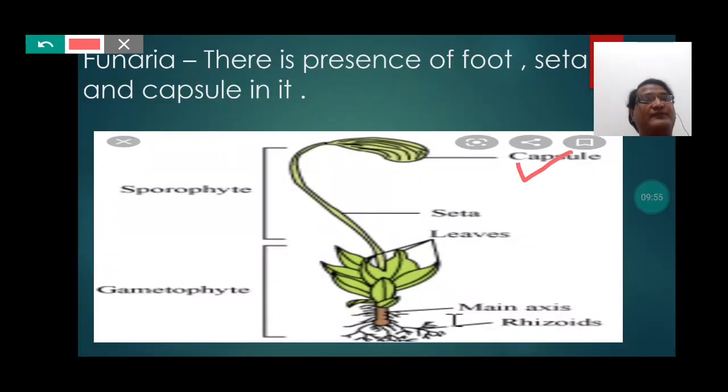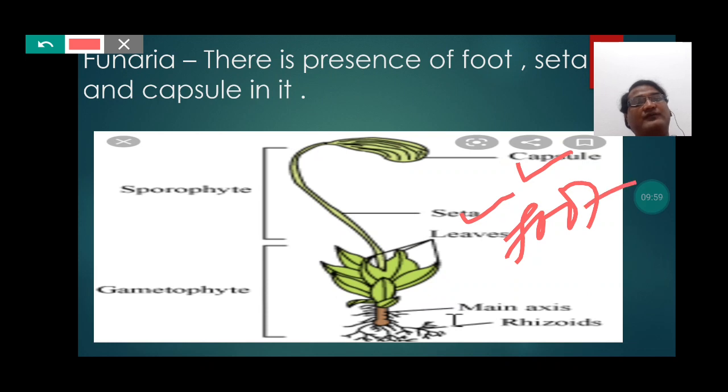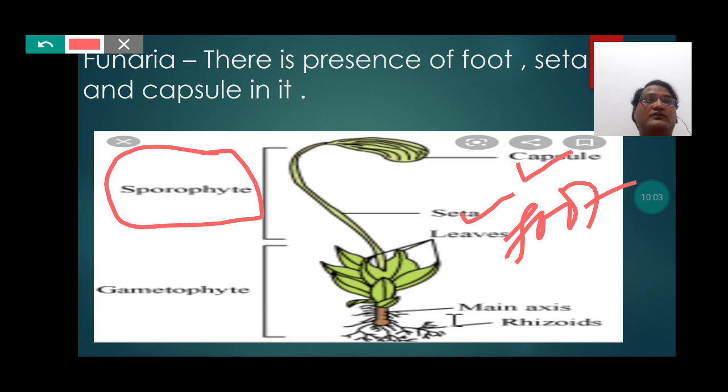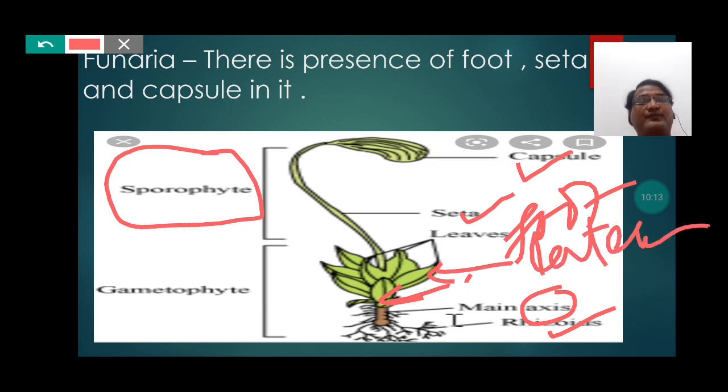Students, capsule, seta and foot form the sporophyte and the rhizoid, axis and laterals form the gametophyte.